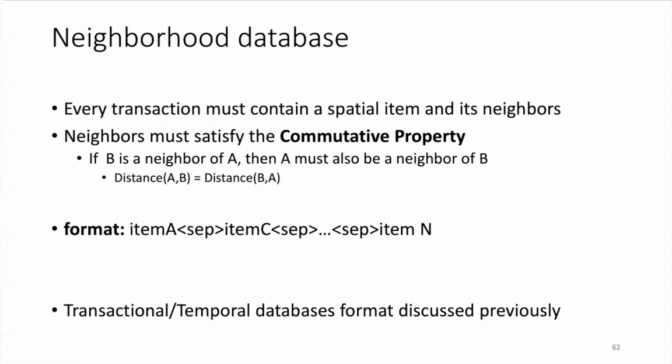So when you are giving the dataset as a neighborhood file, neighbors must satisfy the commutative property. If B is a neighbor of A, then A must also be a neighbor of B. So when we are specifying this list, we have to say A's neighbors are B, C, and D, and so on.